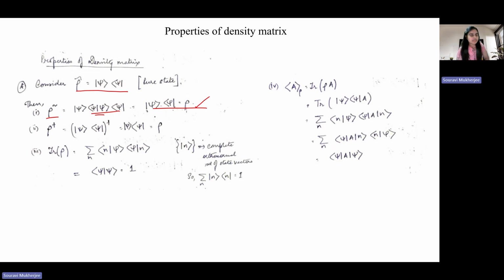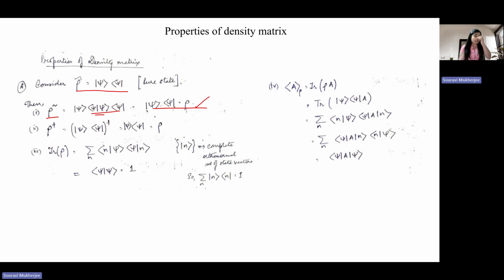So for a pure state, rho squared is equal to rho. For any system, if you can find the density matrix and you see that rho squared is equal to rho, then it is a pure state.